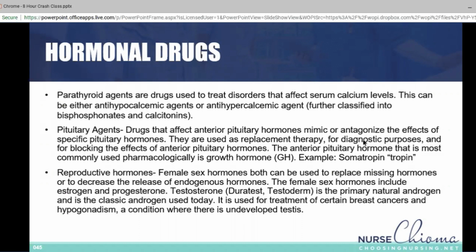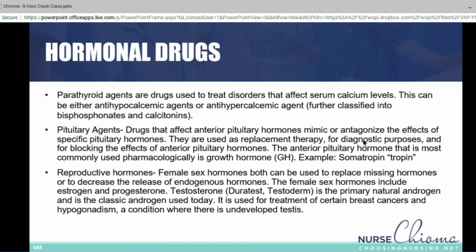Reproductive hormones, this can be female sex hormones that can be used to replace missing hormones or to decrease the release of endogenous hormones. So with women, they can receive estrogen or progesterone, especially if they are in menopause. Men, testosterone.